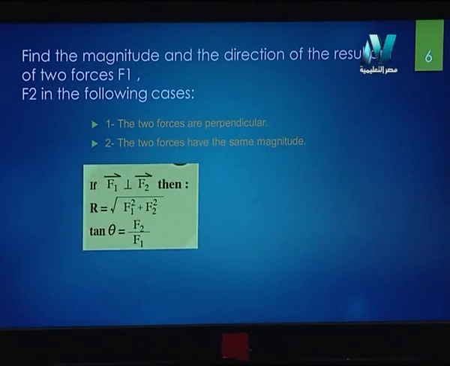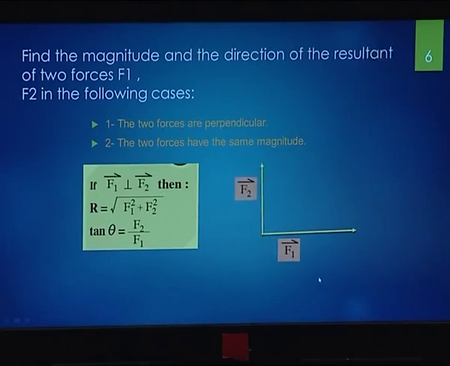If the two forces are perpendicular, like this one, we have here F1, and F2 is perpendicular to it, that means the angle between them equals 90 degrees, and the resultant is the force between them, and theta is the inclination angle between R and F1.